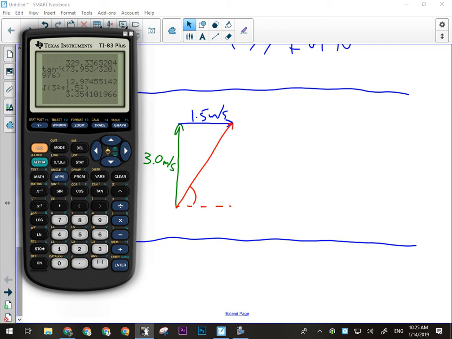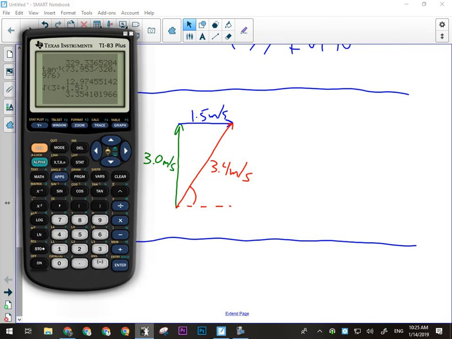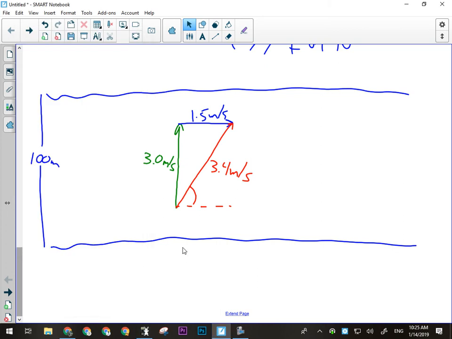So our resultant is 3.35 meters per second. Actually, it's just going to be 3.4 because we only have two significant figures. And then we would have the angle, whatever that ends up being. From shore it would be 63 degrees.